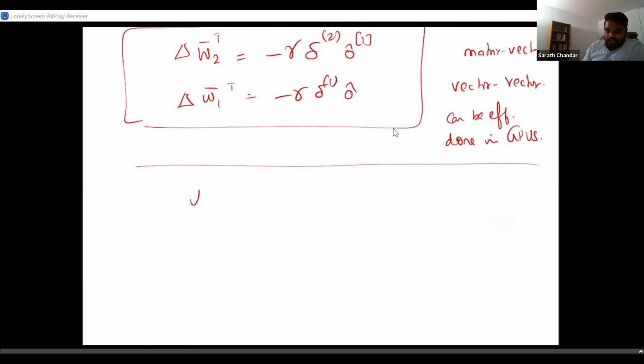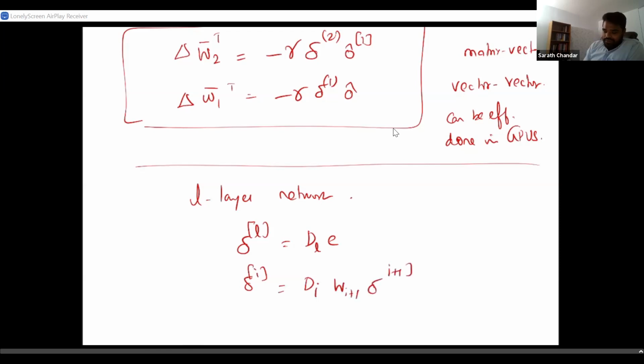So let's say you have an L layer network. Then the del L, the final layer, is given by D_L times e. Del i in any layer i is given by D_i W_(i+1) del (i+1). Or I could just expand this.